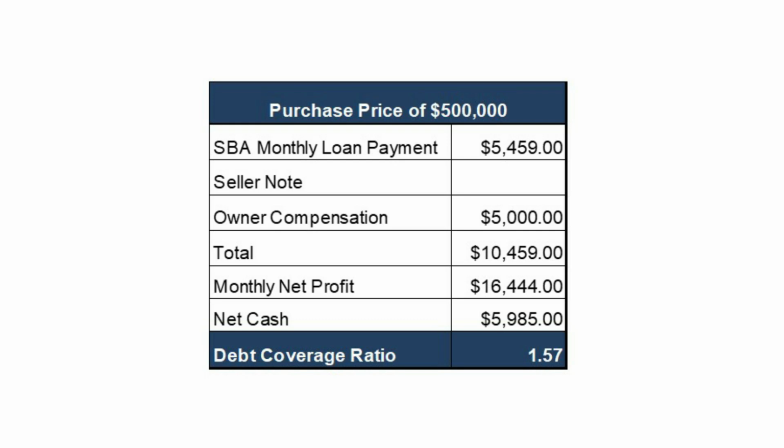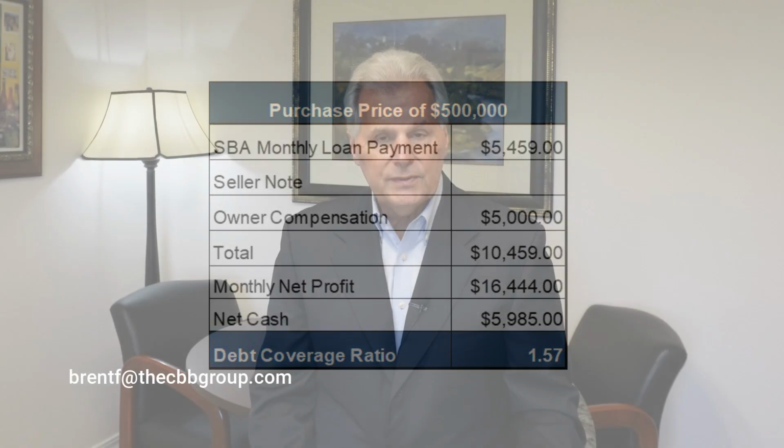So let's take a look at the actual numbers to see how they can justify a multiple of 2.53 on basically a $200,000 a year seller's discretionary cash flow. This slide will walk you through how to calculate the debt service coverage ratio using the purchase price of $500,000, the SBA monthly payment of $5,459, and the owner's compensation of $5,000, giving you a total expense of $10,459 for acquisition financing and owner's compensation.